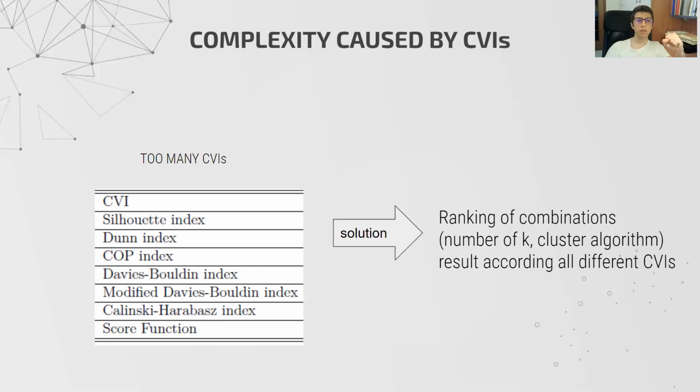So my question is, how can I make a comparison if not all the different indices agree that a specific combination of parameters is the right one, the ideal situation?